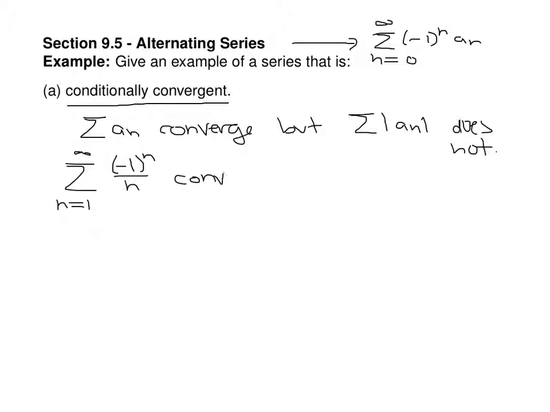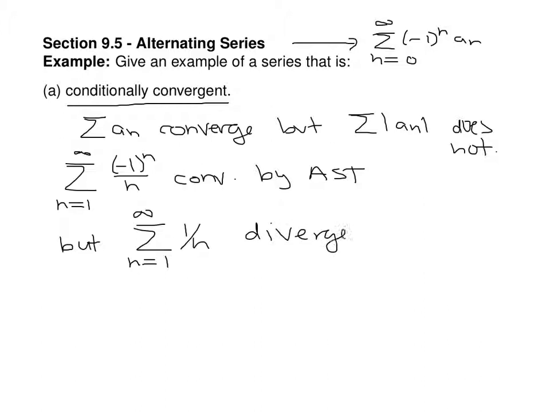This converges by the alternating series test, which we'll review in a moment. But if I absolute value every term, I have 1 over n, which diverges. So that's one example of a conditionally convergent series. There are an infinite number of examples, but that's sort of the typical one.